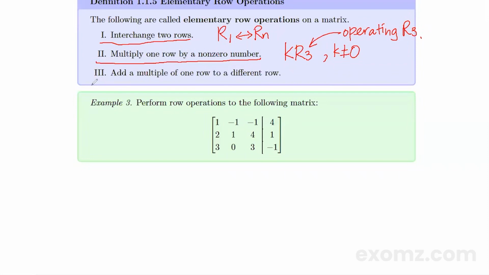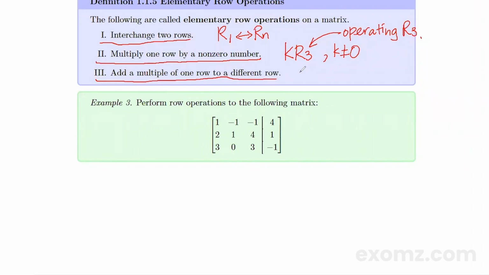The third rule allows us to add a multiple of one row to another row.